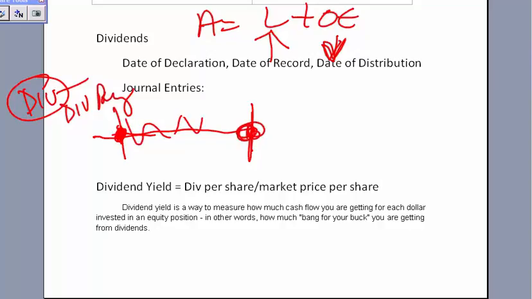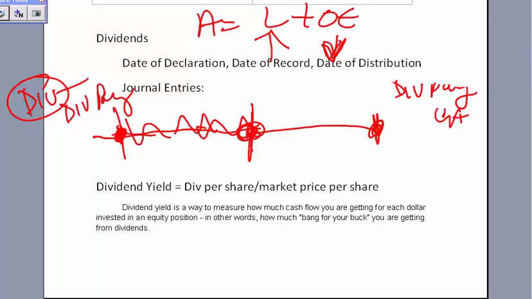And any shares of stock sold in between that time period, then the person selling the share of stock would adjust the price, knowing that the person buying the share of stock up until that date is going to receive the dividends. Then after that point, the third one is the date of distribution. That's when you take the liability off the books and record the cash. Okay?